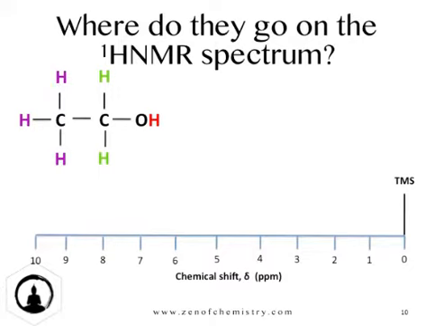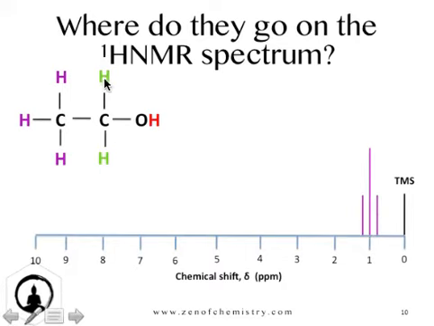If you have a look at your data book, whatever data book you have available, you'll see that CH3 groups by themselves, relatively far away from any electronegative atoms like oxygen, nitrogen, chlorine, live in the vicinity of about 1 chemical shift. So I'm going to put my triplet, remember, that's split by 2, 2 plus 1 is 3, and because it's a fair way away from that OH, it's going to go at about 1.